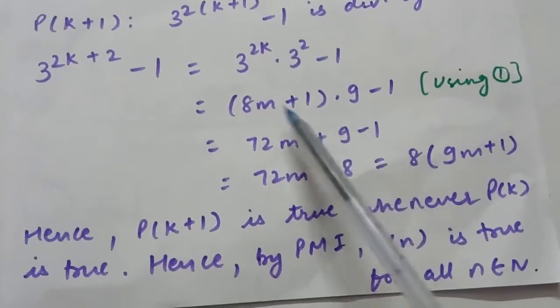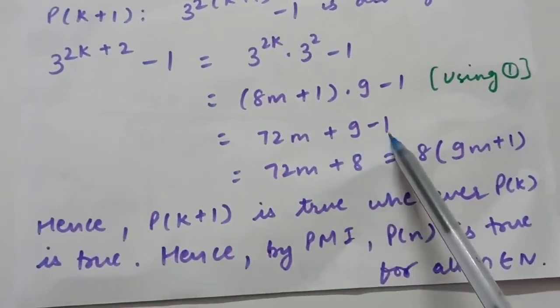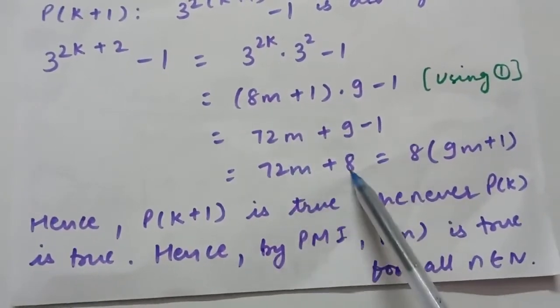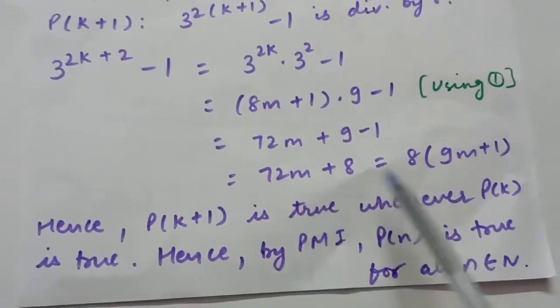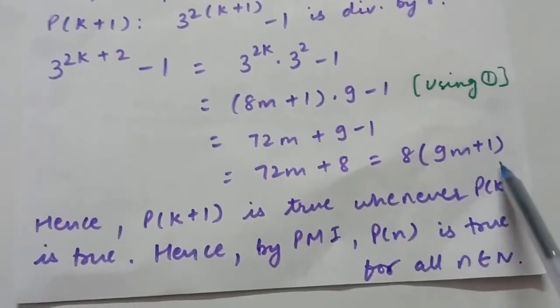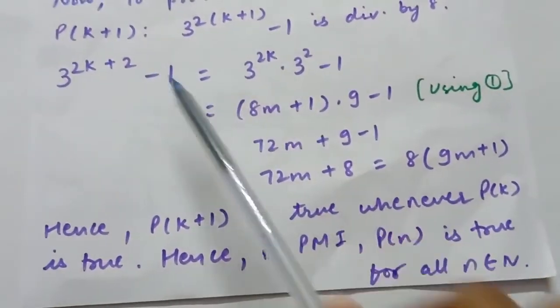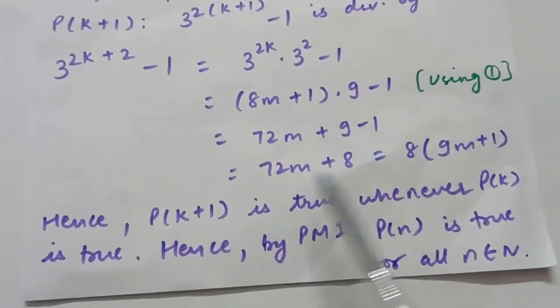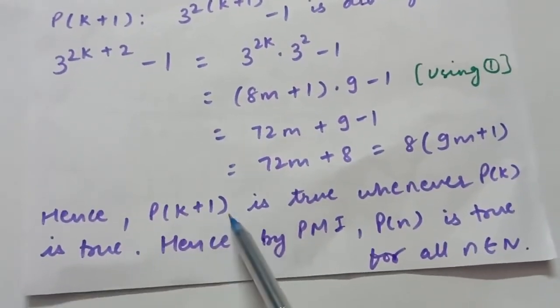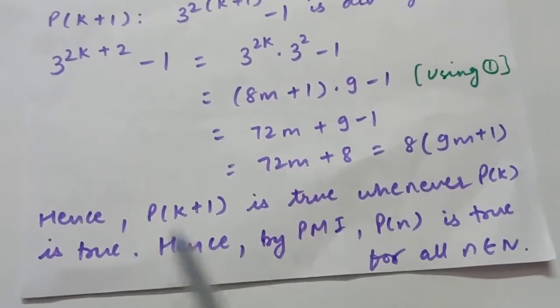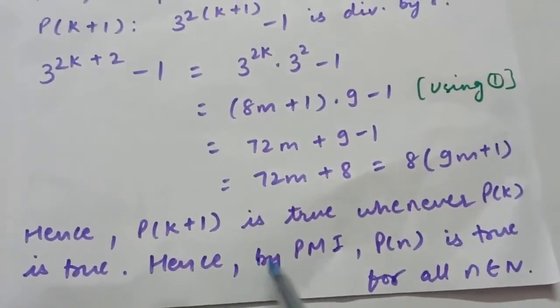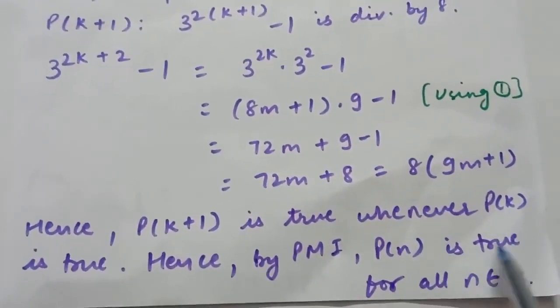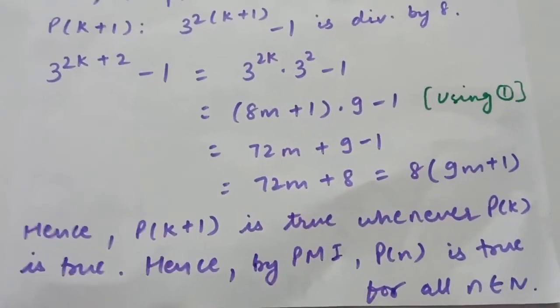Now this will be 72m plus 9 minus 1, which is 72m plus 8. We can take out 8 common from this, 8 into (9m plus 1). So clearly this is also divisible by 8. Therefore we can say Pk plus 1 is true whenever Pk is true, and hence by PMI, Pn is true for all n belongs to natural number.